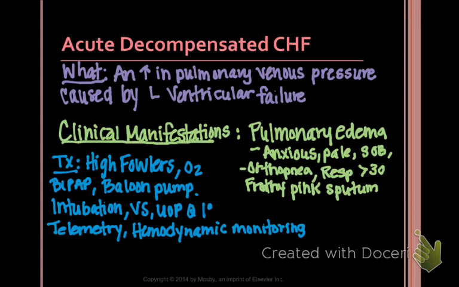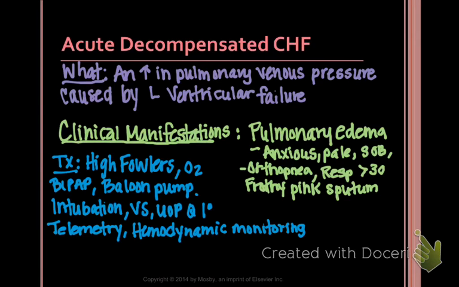You're going to treat them by putting them in high Fowler's. Like I said before, you're going to want to do a pulse ox on these people, to see what their oxygen level is. They may get BiPAP. You may even see them put on a balloon pump. Of course, they'll be in ICU. In this case, if they need a balloon pump, I think I spelled balloon wrong. They're going to be intubated.